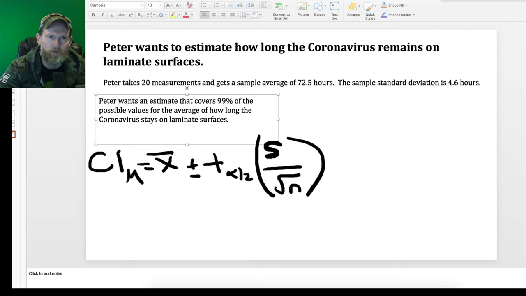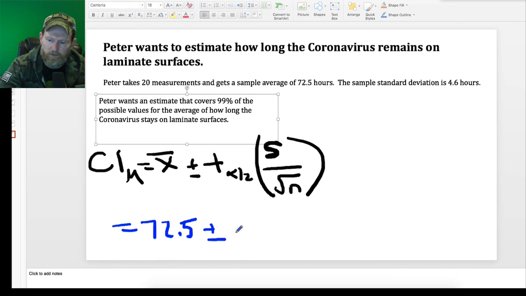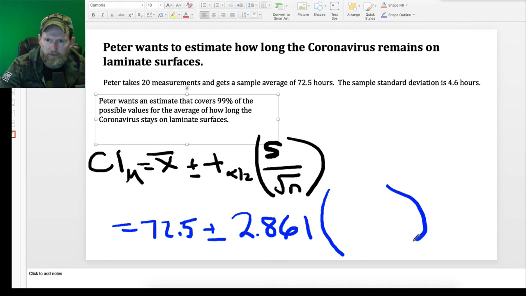And our values for that: x bar is 72.5, plus or minus. Our t value was 2.861. Remember how we got that. And then our s is 4.6, and our sample is 20.